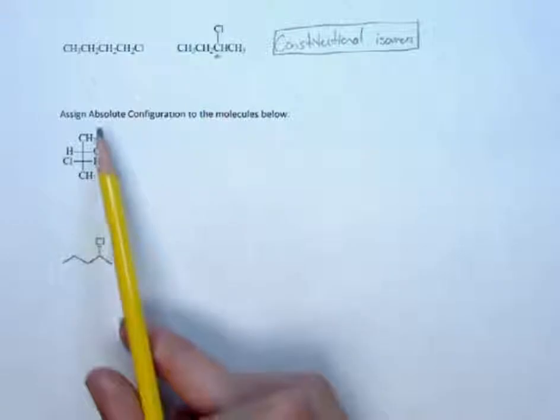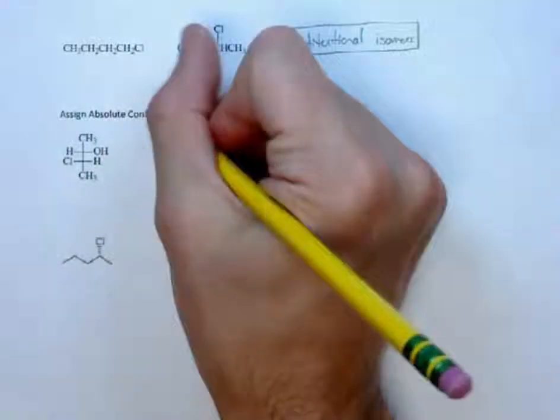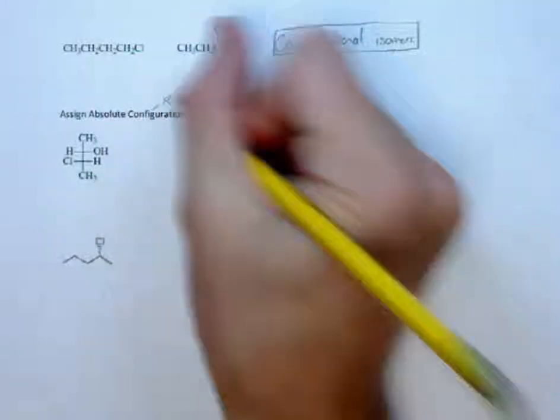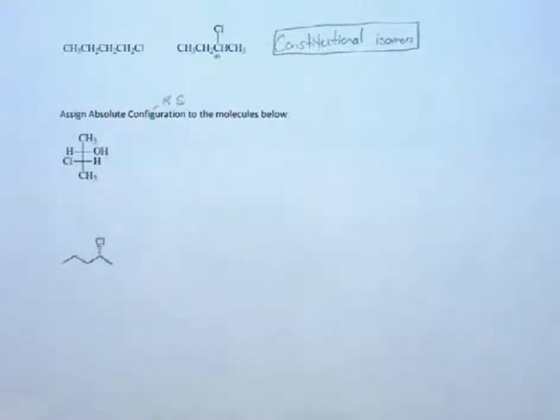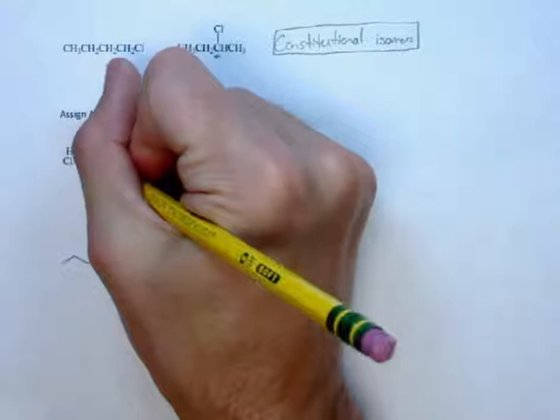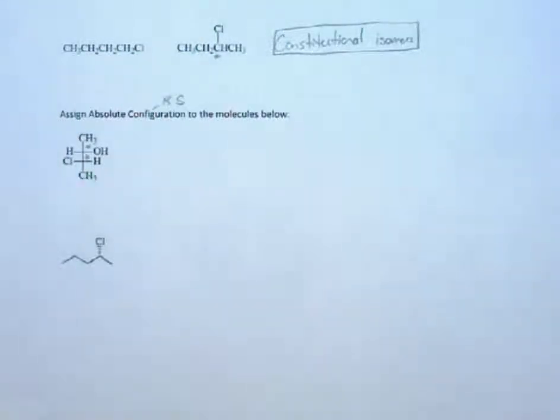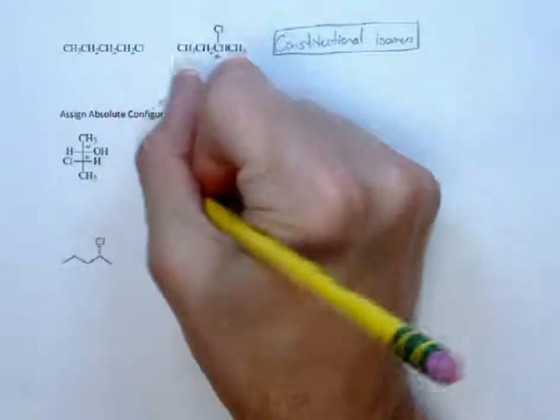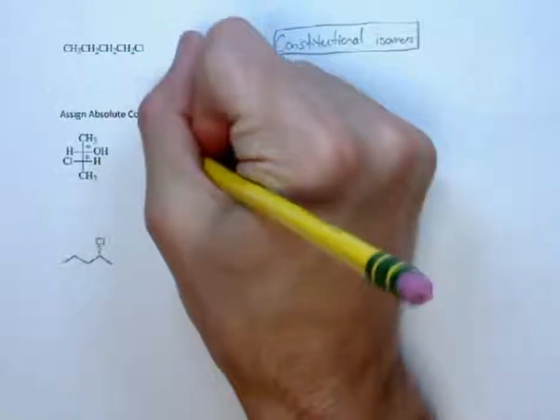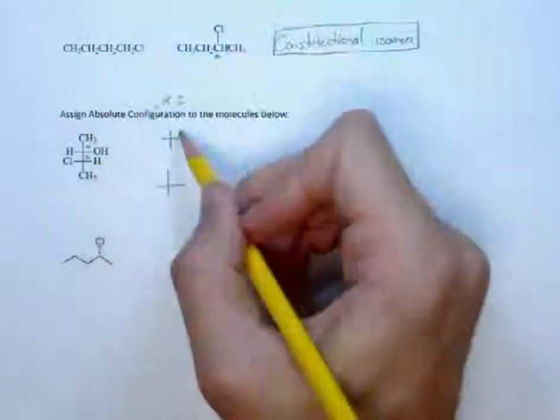For absolute configuration, this is going to mean R and S. And so for this one, we have 2 asymmetric centers. So this is the top asymmetric center.